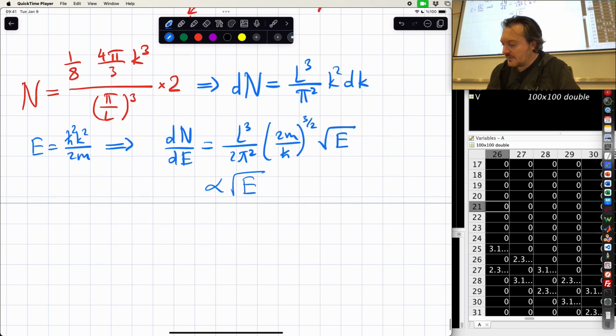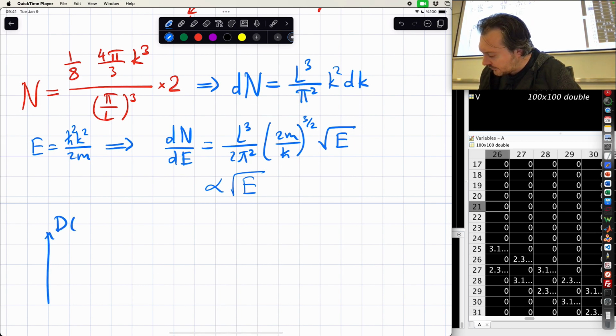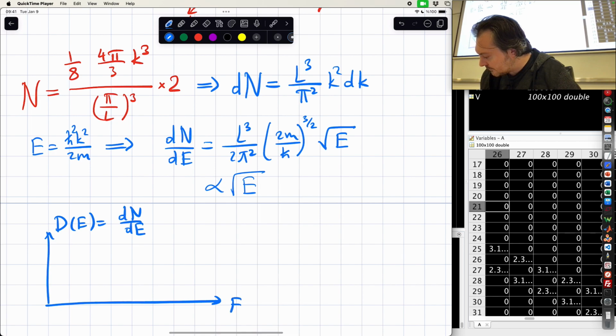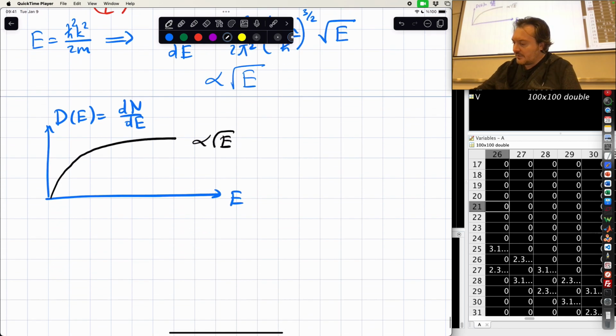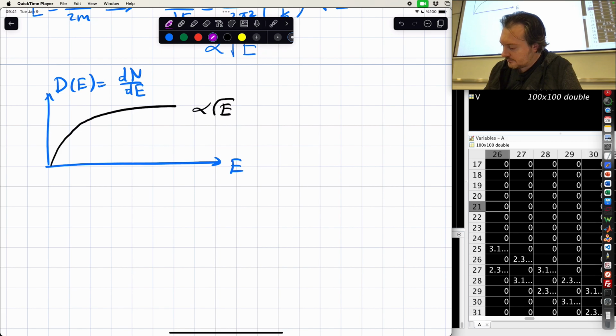Basically what this tells you is that when you draw density of states, which is dN over dE, with respect to energy, you get something like this. That's proportional to square root of E. Okay? Now, let's talk about density of states for 2D electron gas.